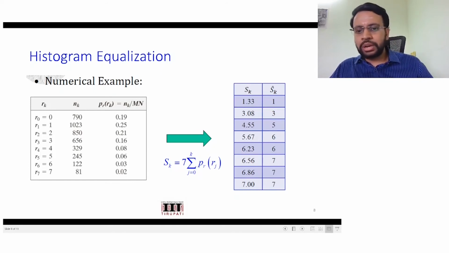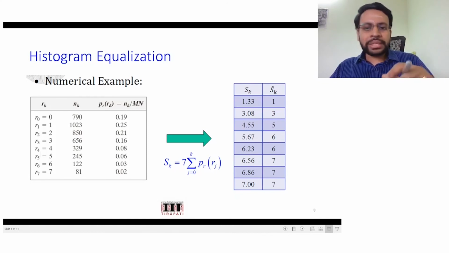So 0.19 multiplied by 7 gives me 1.33, so the 0 value now gets mapped to 1. Similarly, suppose I would like to see where r equal to 1 would get mapped to. I sum 0.19 plus 0.25 and multiply by 7, and you would get 3.08. Then the nearest integer is 3.